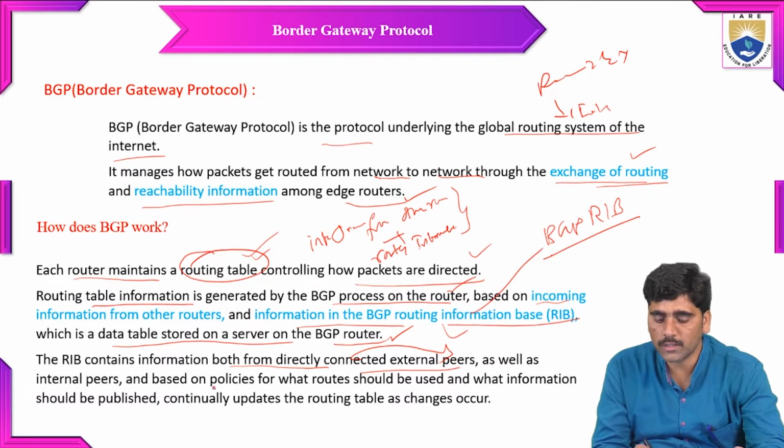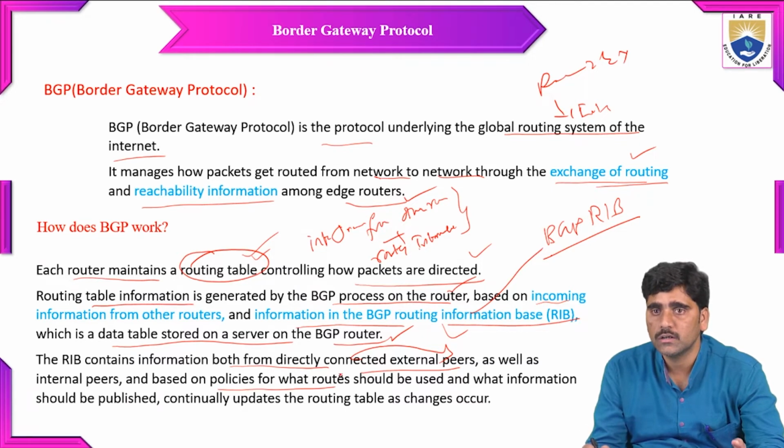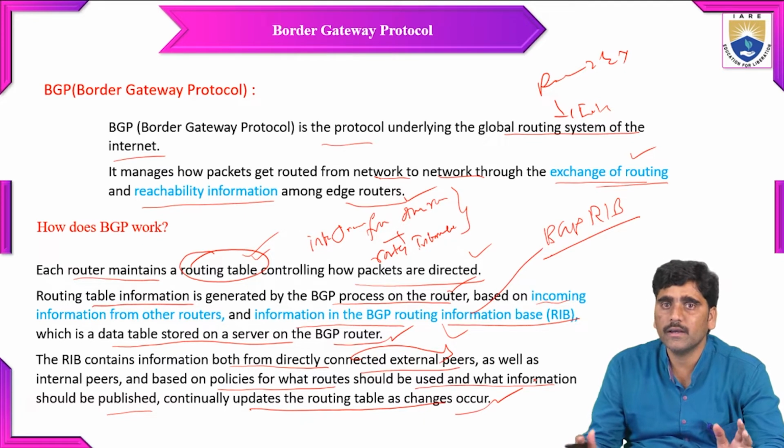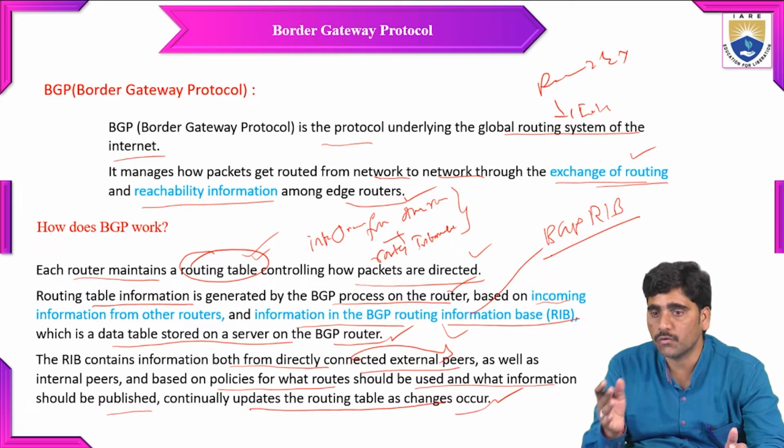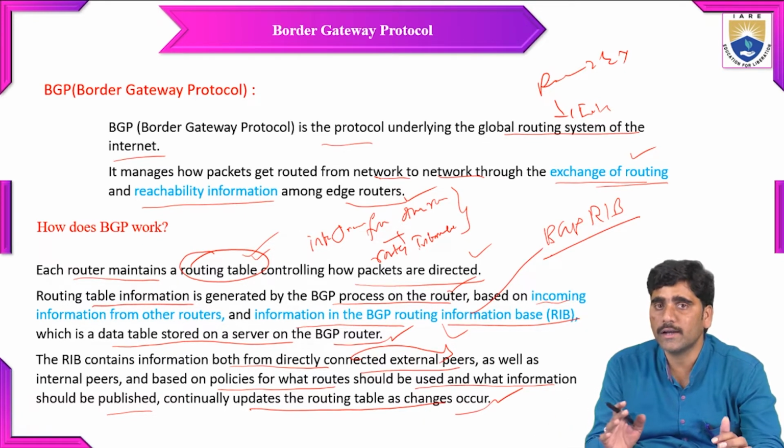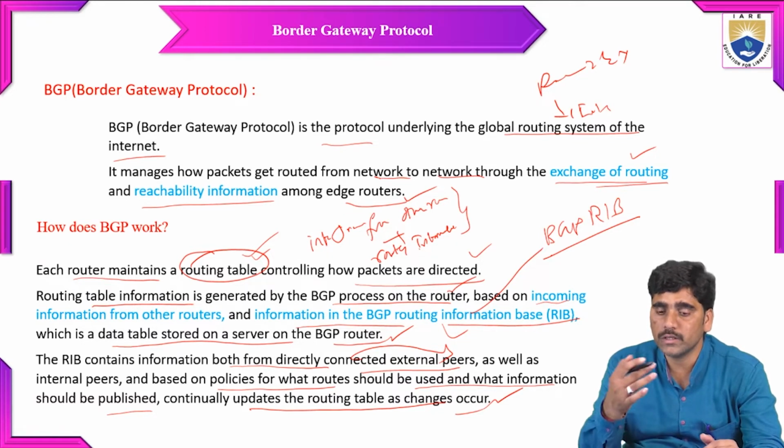It is based on policies for what routes should be used and what information should be published. It continuously updates the routing table as changes occur. Whenever packets are transmitted, the router holds the information of other routers as well as its own routing information base.